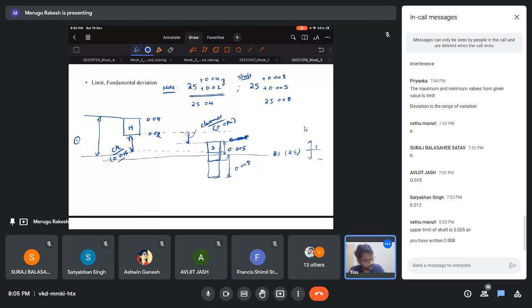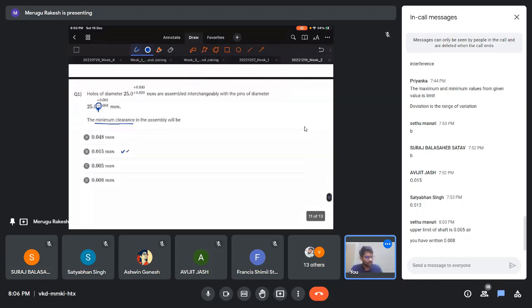This is correct. But still, this is the minimum clearance, right? Yes sir. 0.008 has gone on the other side, so the clearance will increase. Sorry, 0.02 minus 0.005. How much are you getting? 0.015. Yeah, thanks for pointing out that mistake.